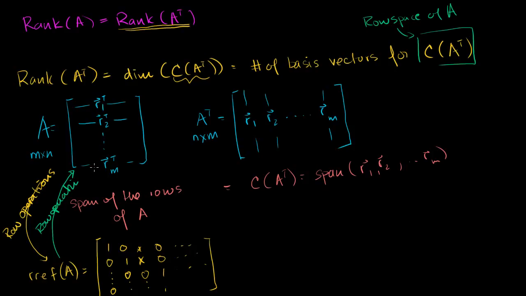Or another way to view it is these row vectors right here can be represented as linear combinations of your pivot rows. Obviously, your non-pivot rows are going to be all zeros, and those are useless.